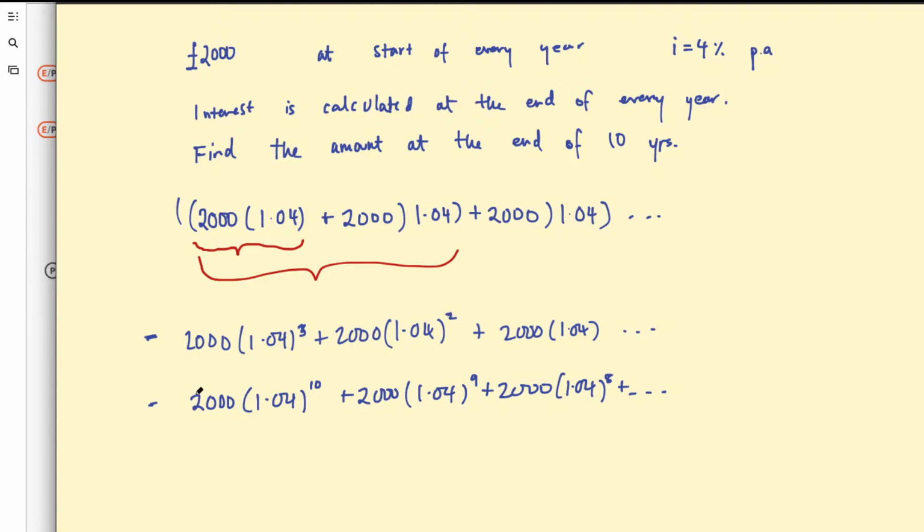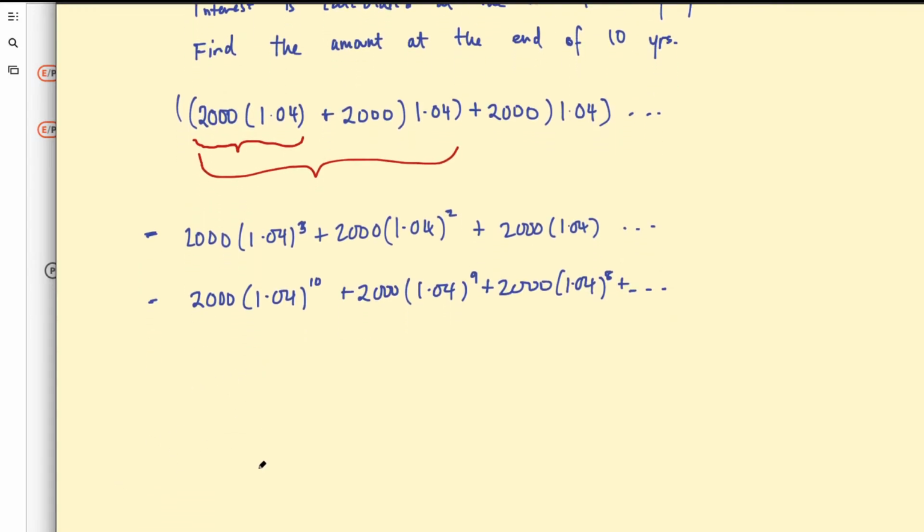So what you end up with is 2,000 compounded for 10 years, plus 2,000 compounded for 9 years, plus 2,000 compounded for 8 years, and so on, which we could write another way. I guess this is an easier way to write it.